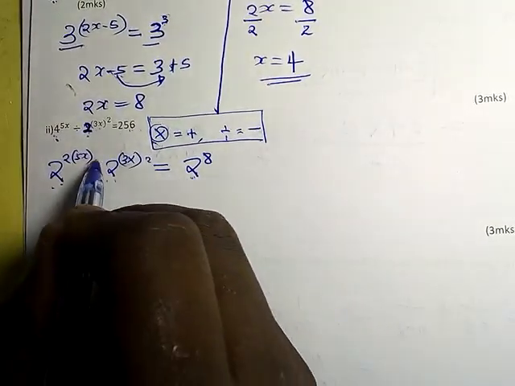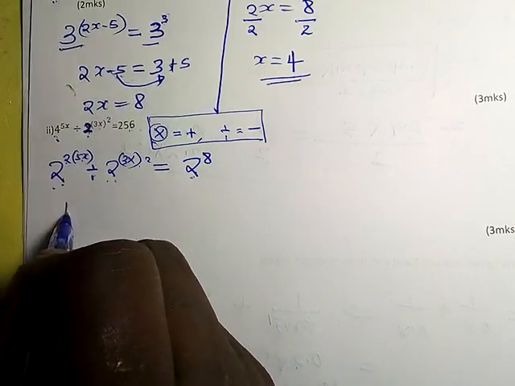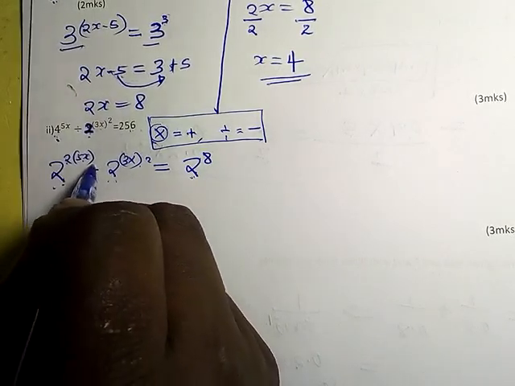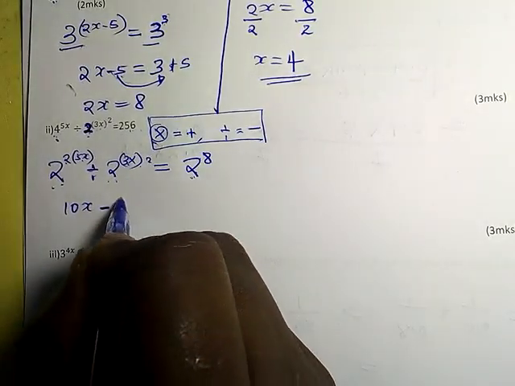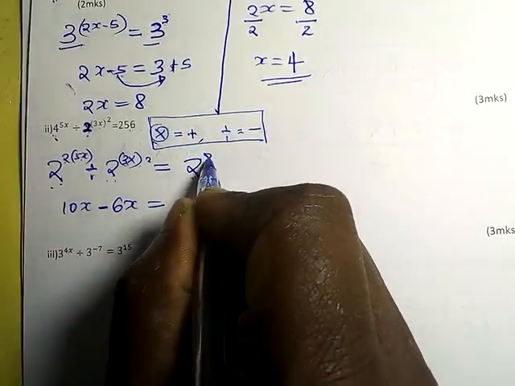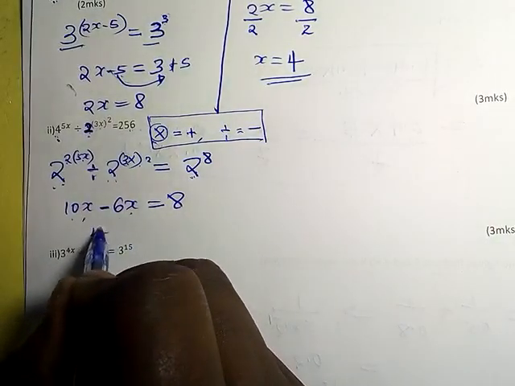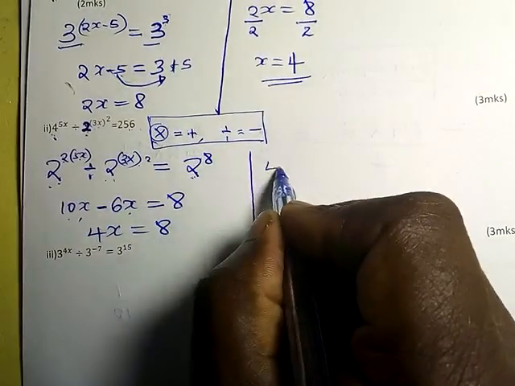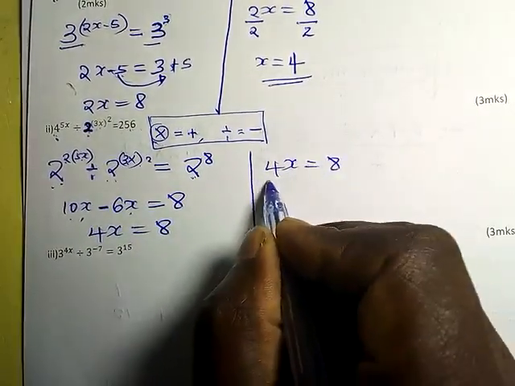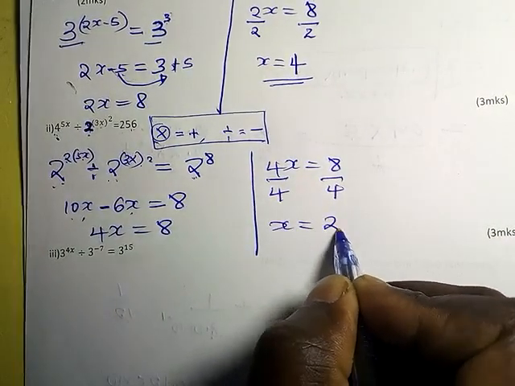We ignore the bases and we deal with the powers, the indices. So 2 times 5x is 10x. This is division, it means subtract. 2 times 3x is 6x, equal to 8. So 10x minus 6x, the answer is 4x, equal to 8. Dividing both sides by 4, x equal to 2.